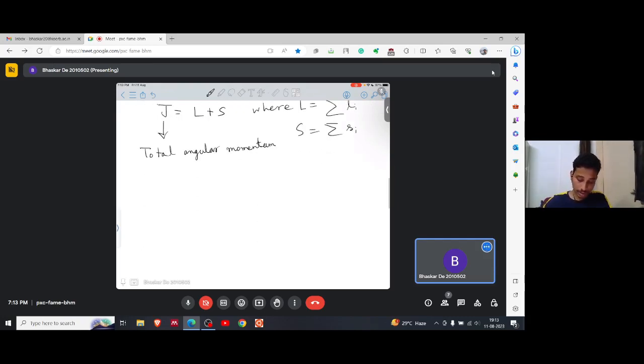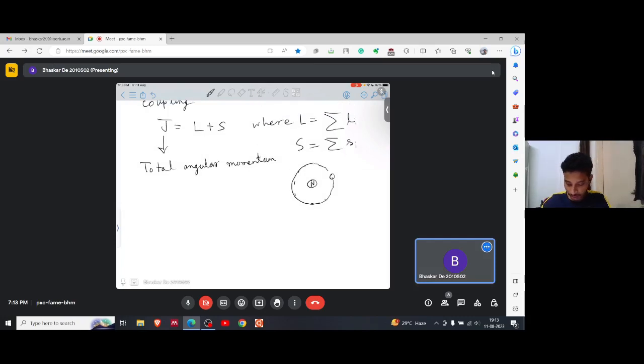So here we are talking about spin angular momentum and orbital angular momentum. In the classical picture, we assume there is the nucleus and the electron is rotating around the nucleus. So this rotation will give you the orbital angular momentum, and then the electron is spinning around itself.